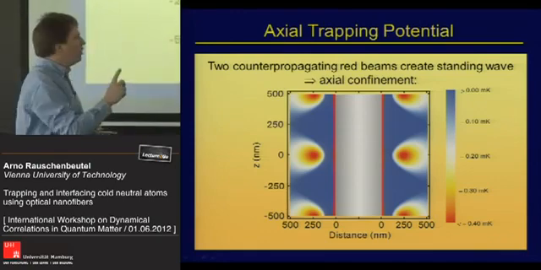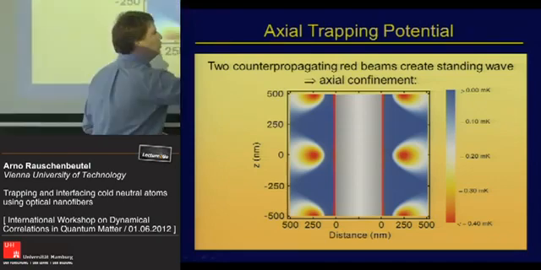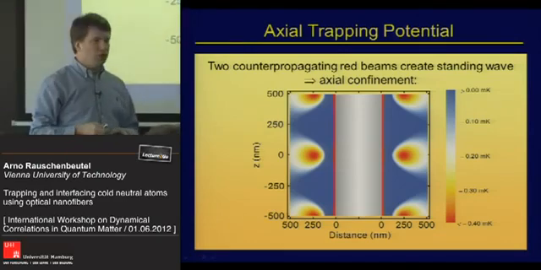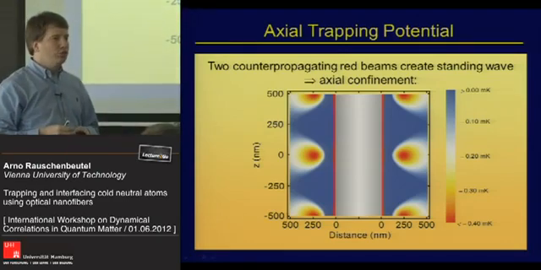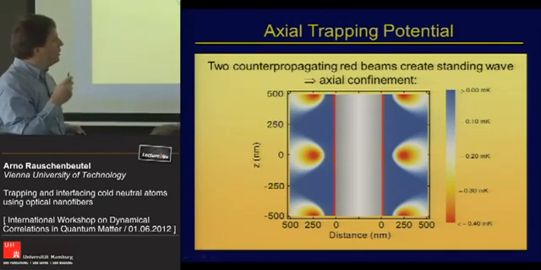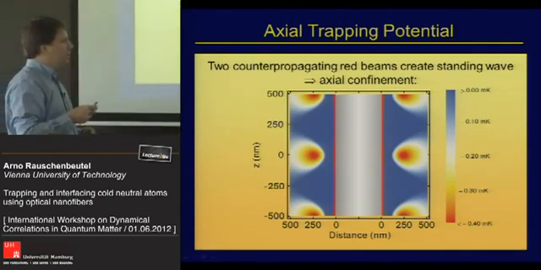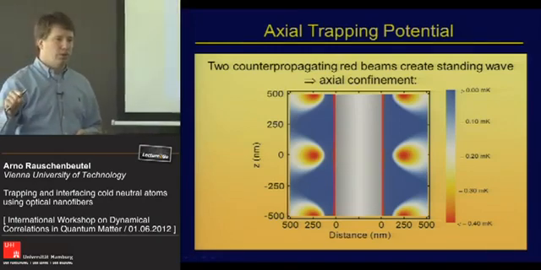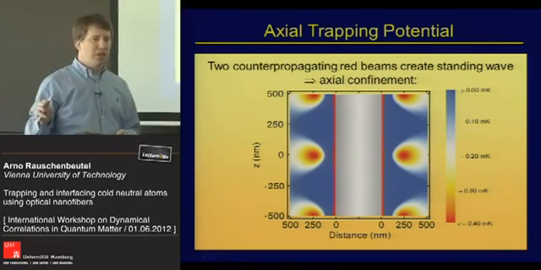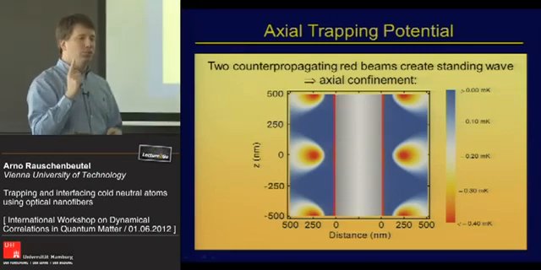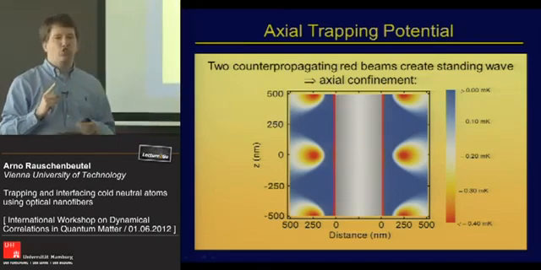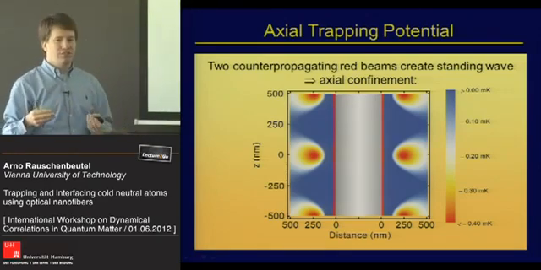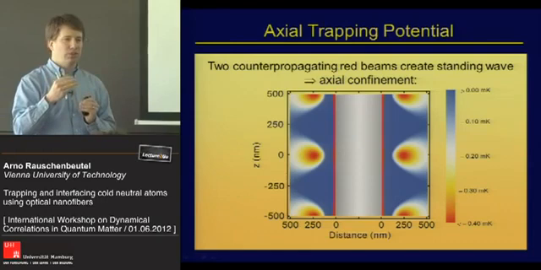If we would in addition like to have azimuthal confinement, so in this direction, then we need to play a trick which is not so well known maybe, which is we make use of the fact that the intensity distribution of the evanescent field around such a fiber is not azimuthally symmetric if the light field is linearly polarized. This is in general true, but usually in normal optical fibers you don't see this effect because the index of refraction jump is very small.